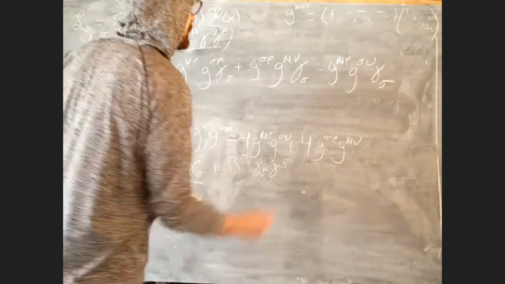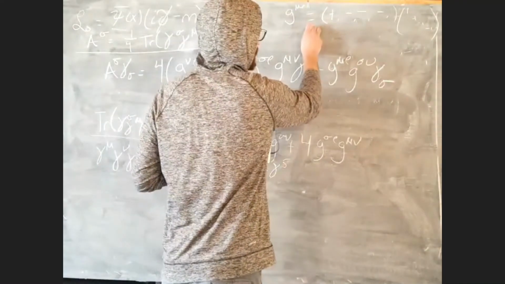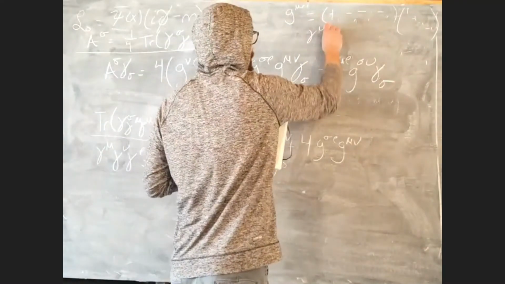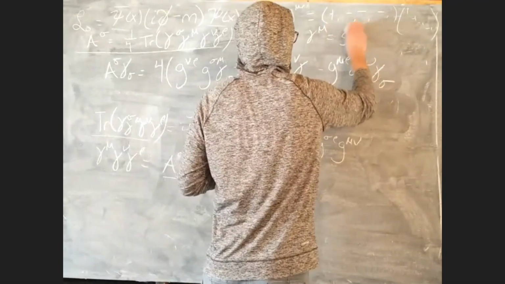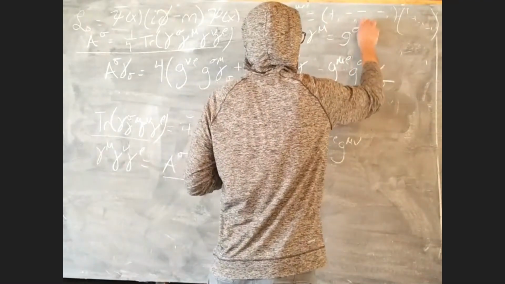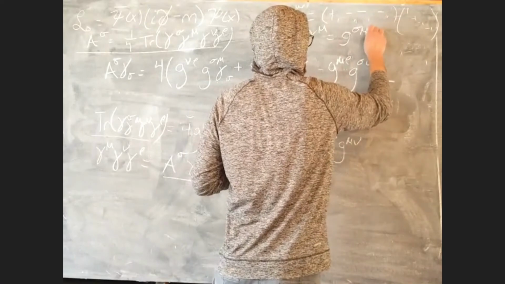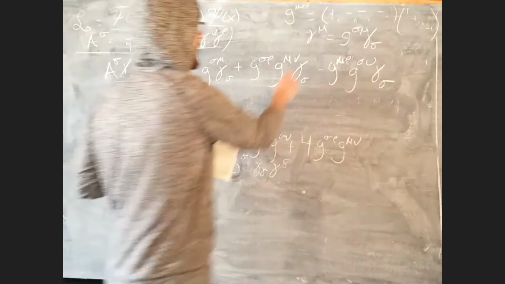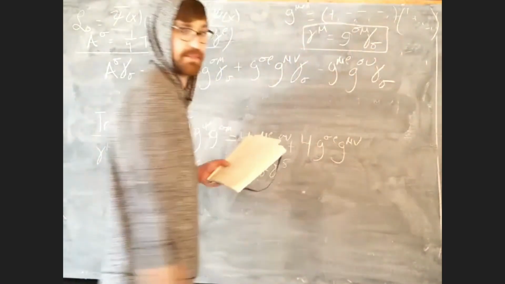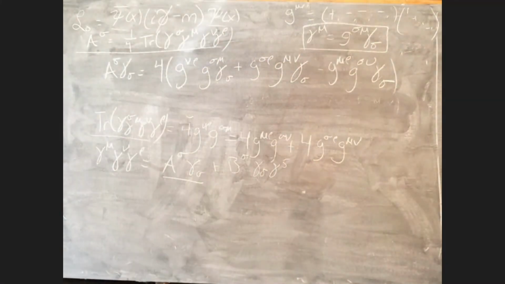Now, if you remember right, I wrote gamma mu is equal to G sigma mu gamma sigma. This was one of the identities on the last time we had that page. Okay, let's keep going.